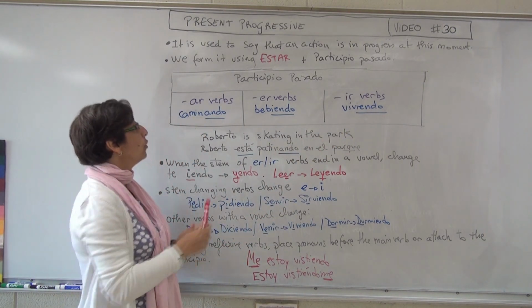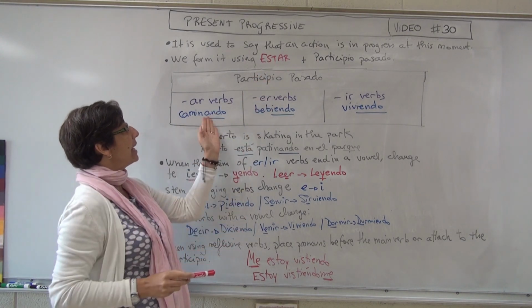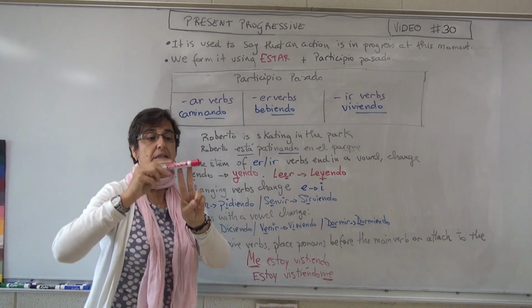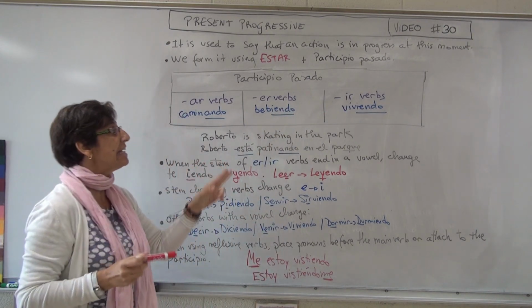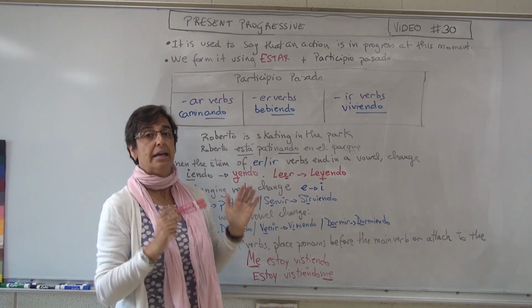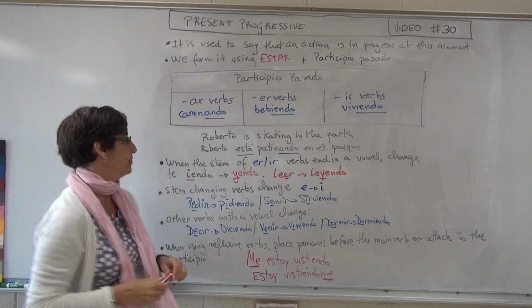Okay, so estar plus AR verbs, ando, ER verbs, iendo, and IR verbs, iendo. So this has two parts, the same as in English. Is doing something, is doing, is talking, is walking, is listening, is sleeping.